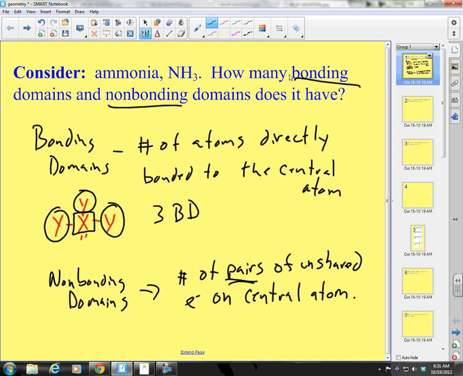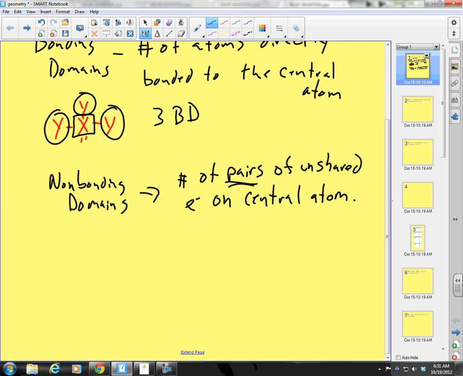So when we look at our last example again, let's draw that again. I have X, I have Y, Y, Y, and a pair of electrons here. We look at our little central atom, and we say, hey, I've got 3 atoms bonded. Those are my bonding domains. And then I have an unshared pair down here. This is my non-bonding domain.